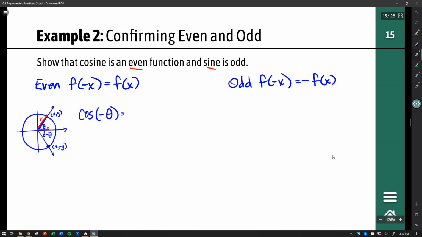Well, for the negative theta, it's the same x value, and the radius of the circle hasn't changed. So that's just x over r again, which is the cosine function. So we've proved it. You plug in a negative theta, you get the same ratio, you end up with cosine theta. So that's even.